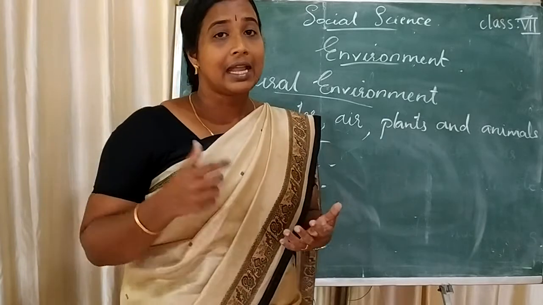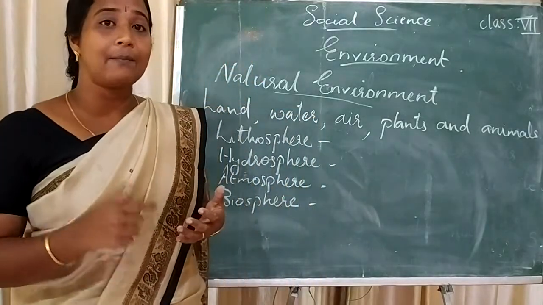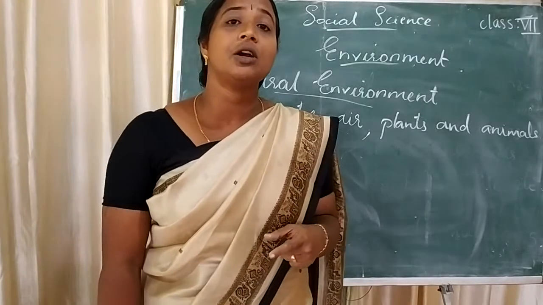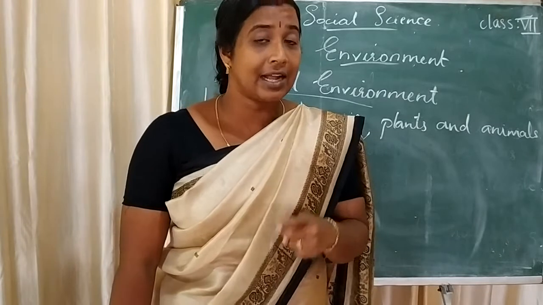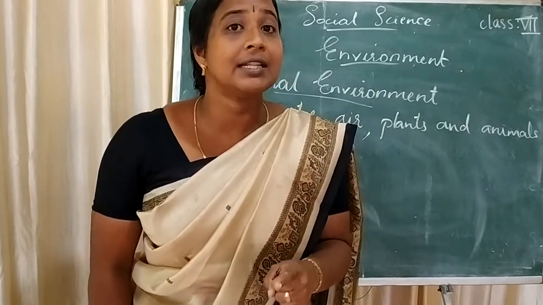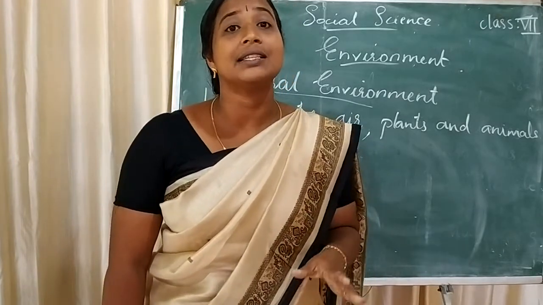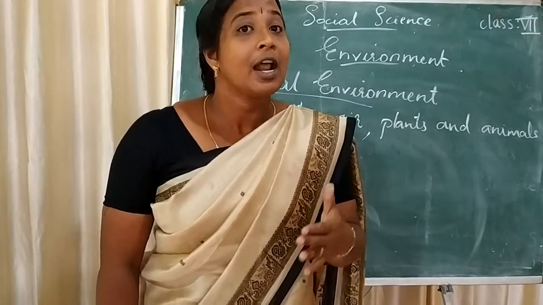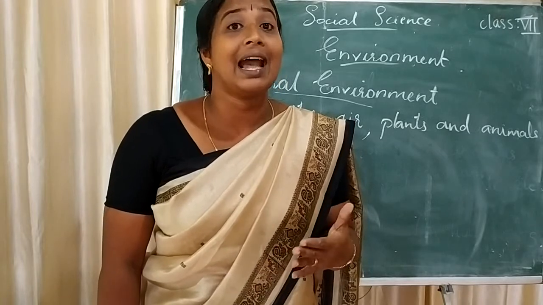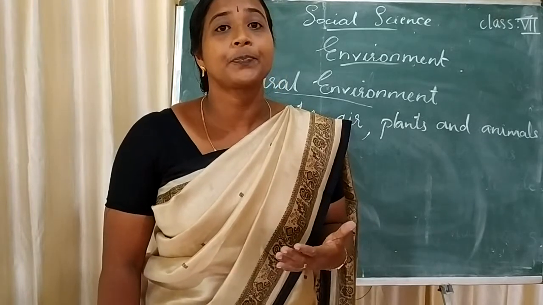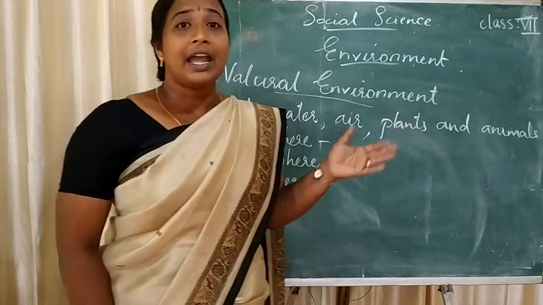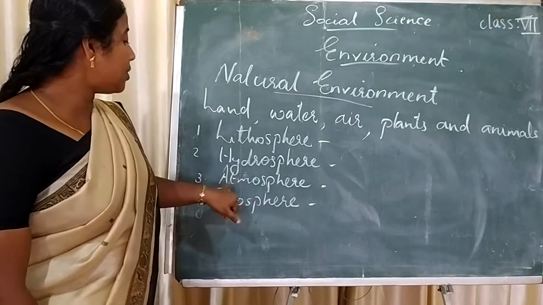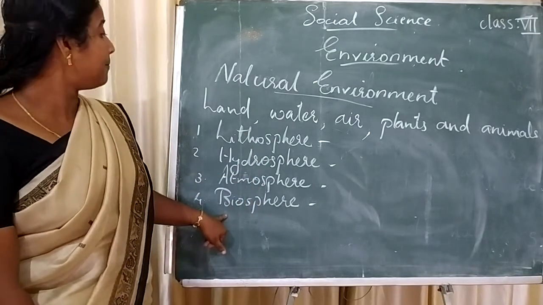Okay children, in this class we discussed the natural environment. Natural environment is a combination of biotic and abiotic conditions. Biotic conditions include living organisms like plants and animals. Abiotic conditions include non-living elements like land, water, etc. And natural environment includes lithosphere, hydrosphere, atmosphere and biosphere.